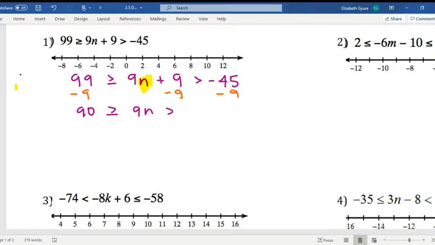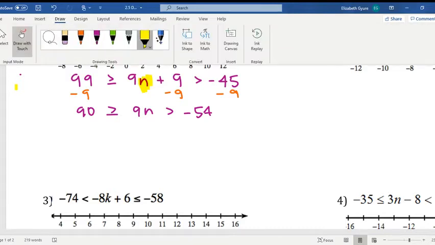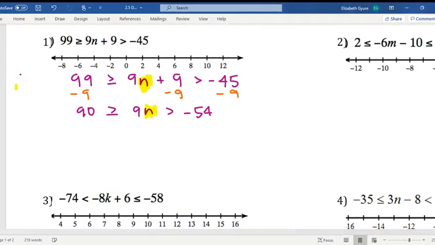Negative 45 minus 9. Try it out, guys. Use your calculators. What'd you say? Negative 54 is correct. Good. Yeah, always add same signs, right?